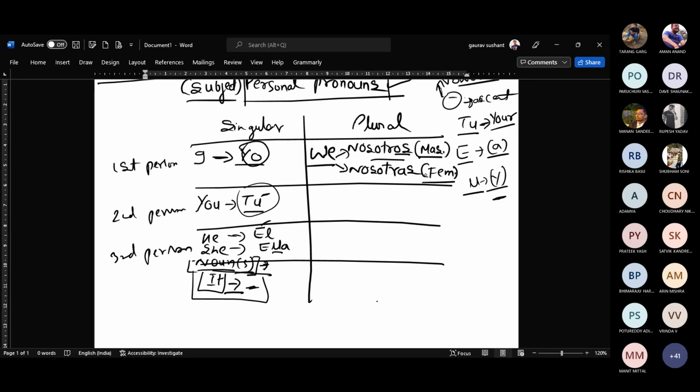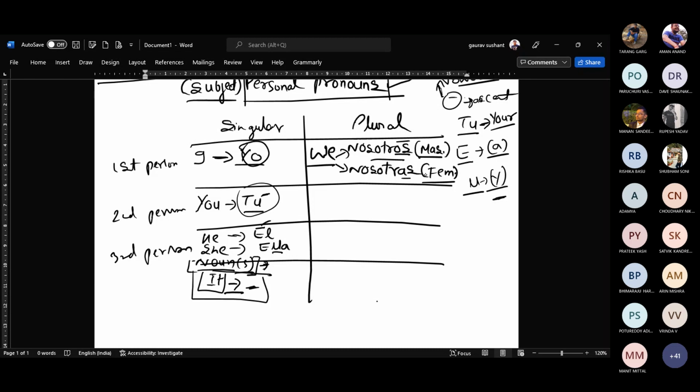Okay, so for example, it is a group of people. When we say we, and all of them in that group are male, then you will be using nosotros. If that group is all females, then it will be nosotras. But if it is a mixed group, then you have to choose only one. In a mixed group, the ratio can be in any proportion. It does not matter.